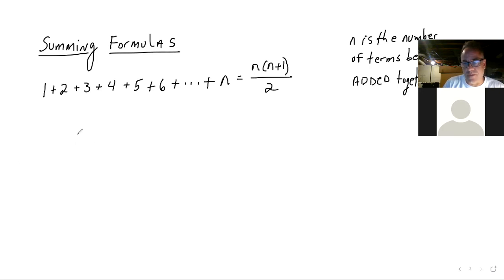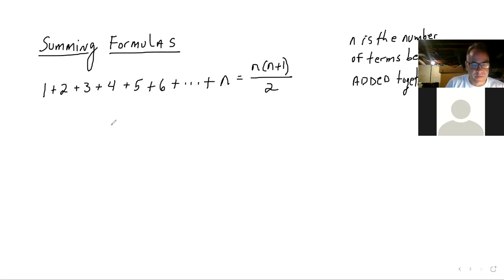So we want to consider another one. And so what I'm going to do to get this next one is use a little bit of inductive reasoning and look for a pattern.